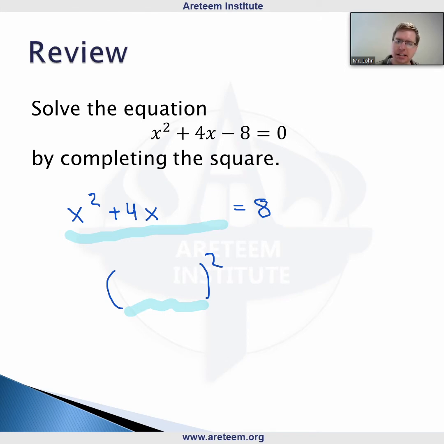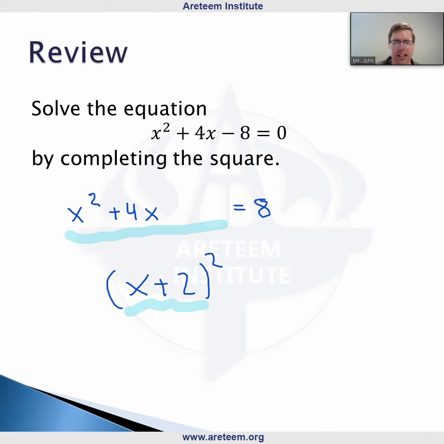If we're going to start with an x squared, we need our x in that case. Now, if we know our formula for a plus b squared, or think about FOIL, it's not too hard to see that we need that 4 divided by 2 as our plus 2 here, because now we have x plus 2 times x plus 2, which gives us x squared plus 4x plus 4.